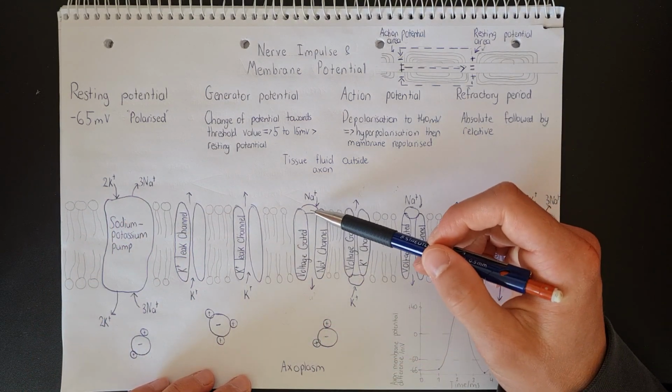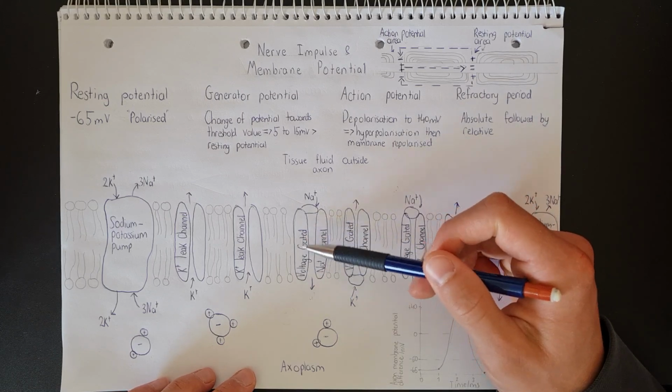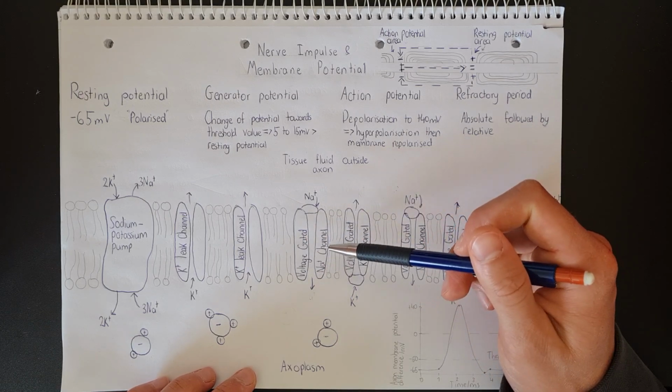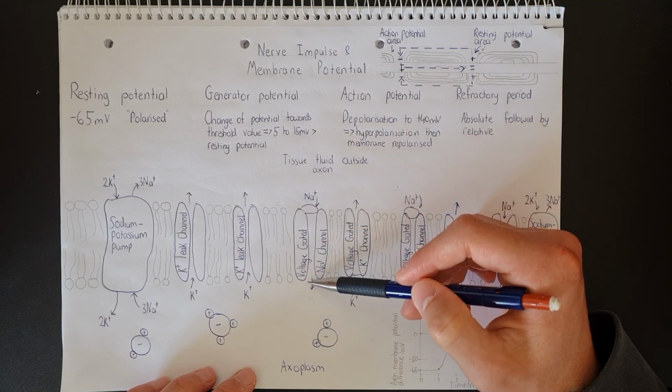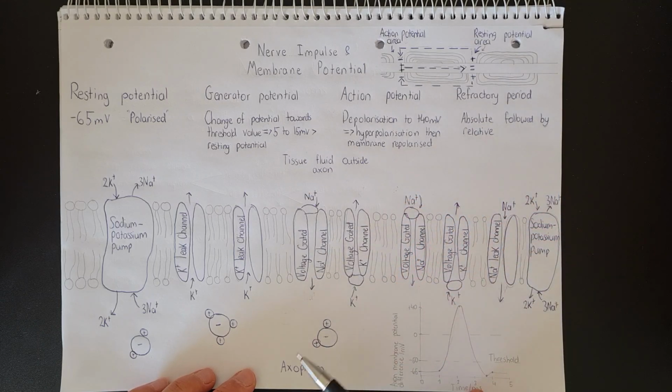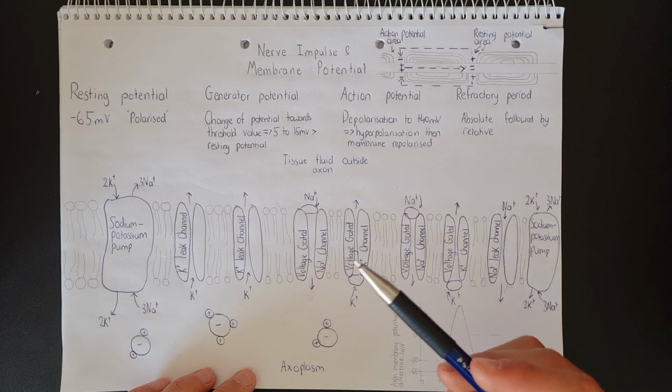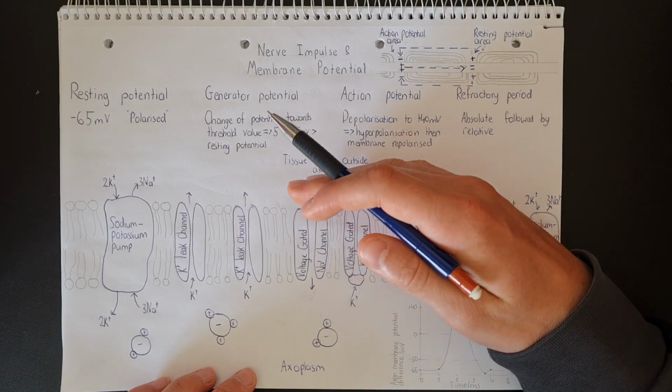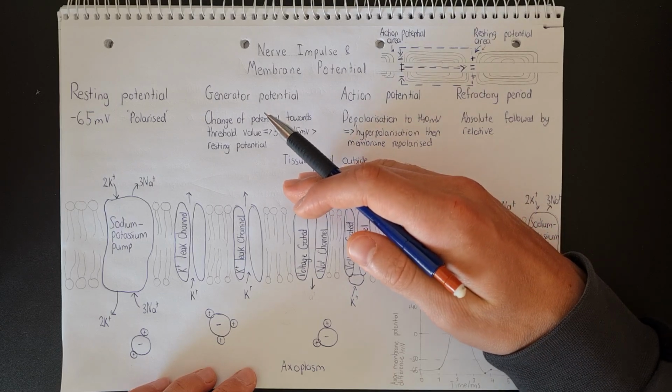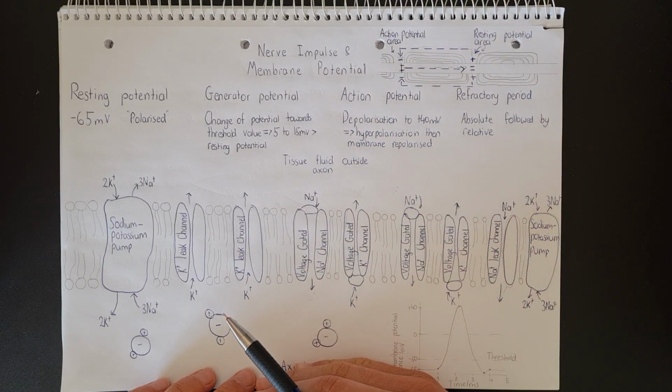So sodium ions will then diffuse through the voltage-gated sodium channels down their electrochemical gradient, and depending on how many voltage-gated sodium channels were opened, this will affect the number of sodium ions that enter into the axoplasm.